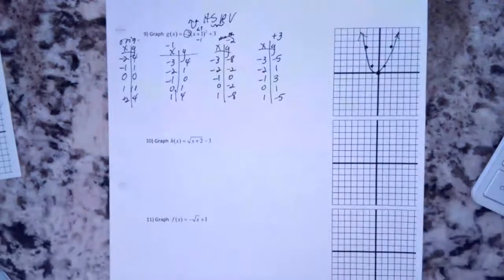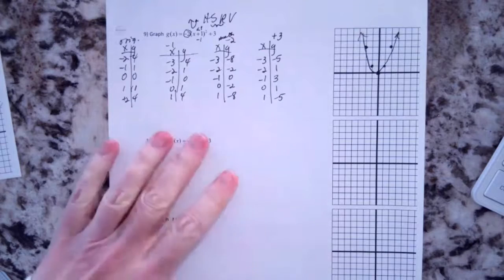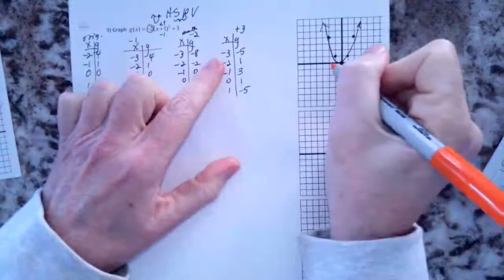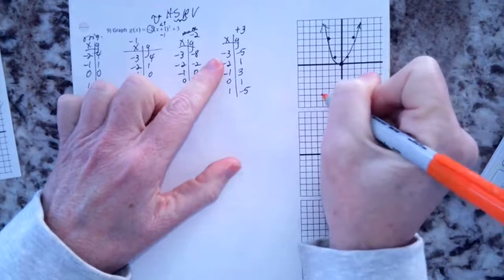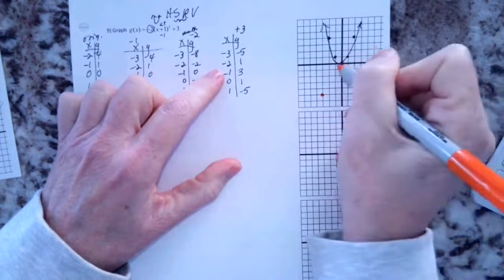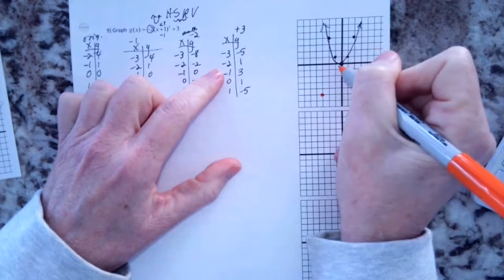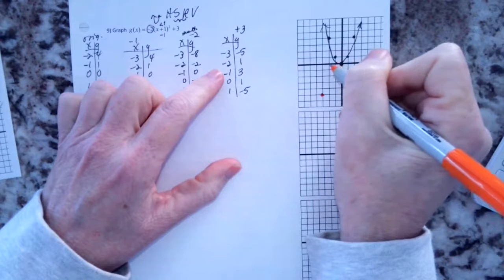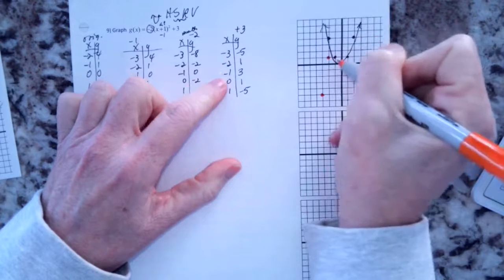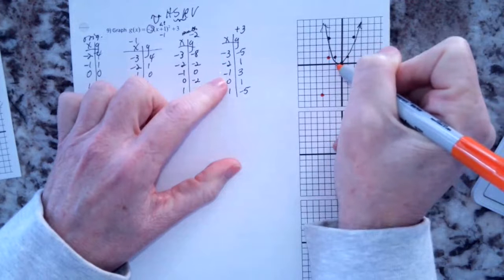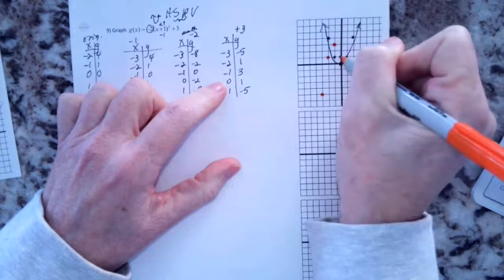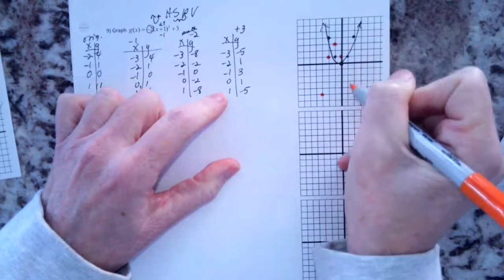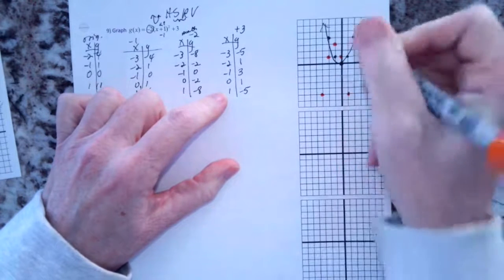Okay, let's go graph that. -3, -5; -2, 1; -1, 3; 0, 1; and 1, -5.